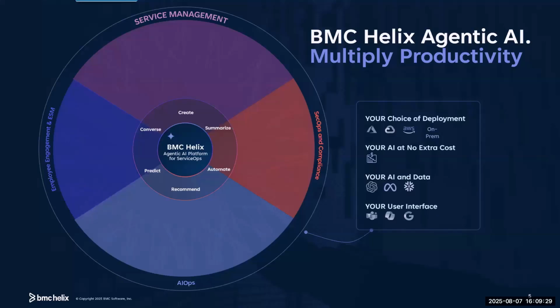We also plan to introduce or extend our agentic AI solutions across interfaces that you are already familiar with, such as Teams and other such interfaces. So it allows your organizations to work within your environments, all of that within the interfaces of your choice.